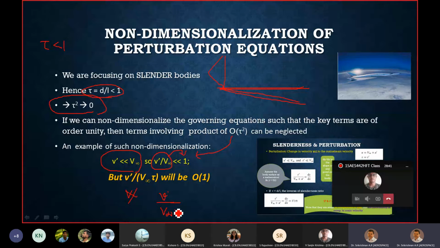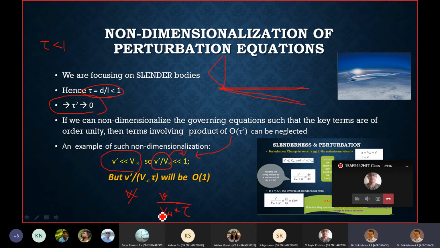But if I multiply the denominator by tau, that is v dash by v infinity into tau, I repeat, the denominator I'm multiplying by tau. Tau is by itself a small parameter, because it's d by L, and d by L is less than 1. So tau is less than 1 because we are considering a slender body.